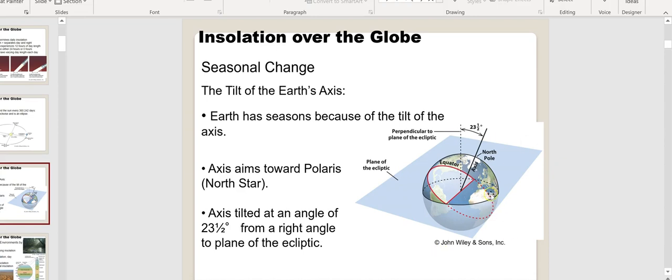So if we were to cut the Earth in half, for example, we would call this a plane, a planar surface. We need some sort of surface to reference or measure an angle from. So our Earth's axis, from perpendicular to this plane, is tilted 23.5 degrees.